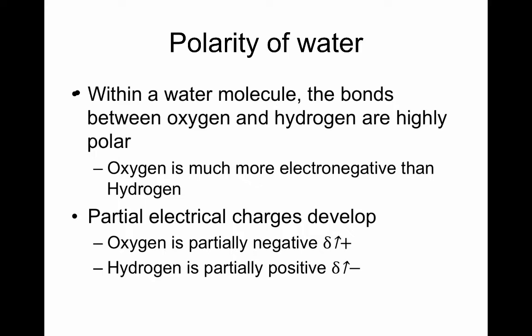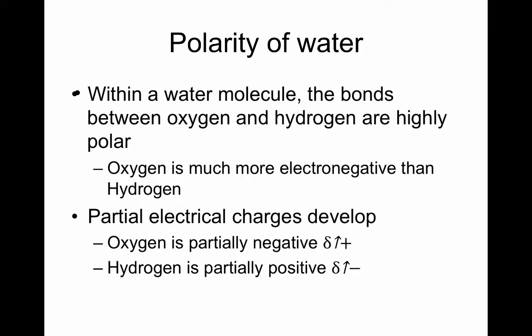Why does that happen? Well, oxygen, we know, is a highly electronegative atom. Again, remembering back to chemistry, what does that mean? It means it has a strong need for electrons to fill its outermost shell.